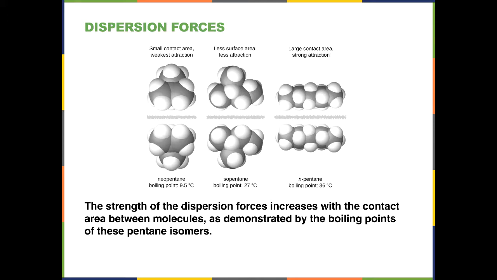And because N-pentane has a greater contact area, it has a higher boiling point than isopentane, which has a higher boiling point than neopentane. So the strength of the dispersion forces increases from left to right because the contact area increases from left to right, while the size of the molecules are all the same.